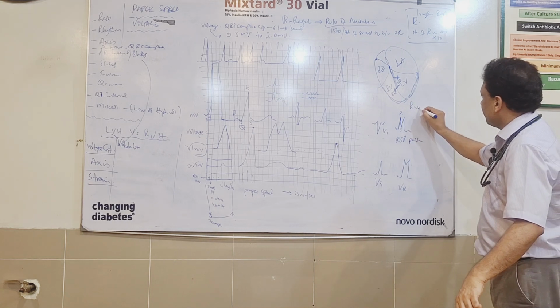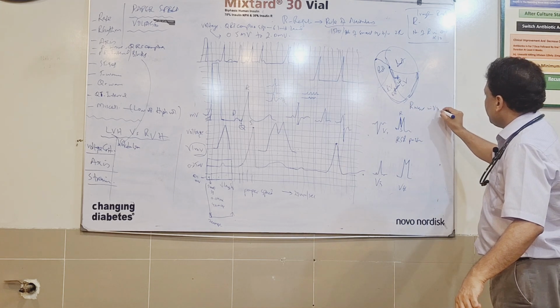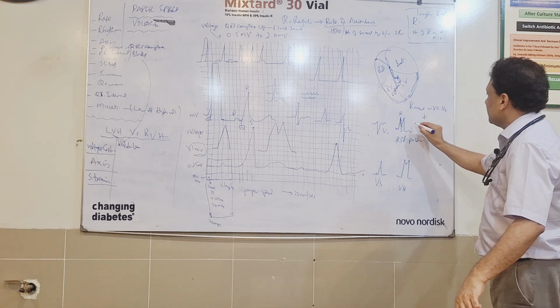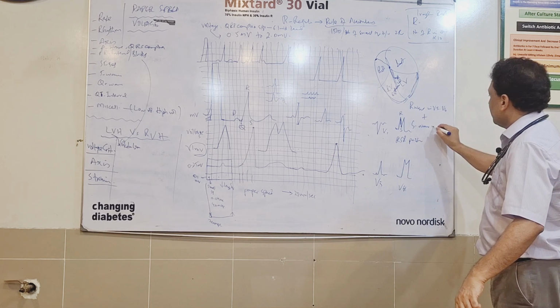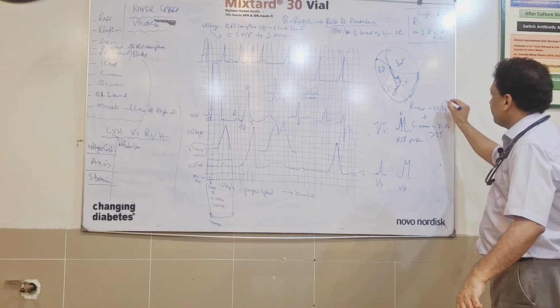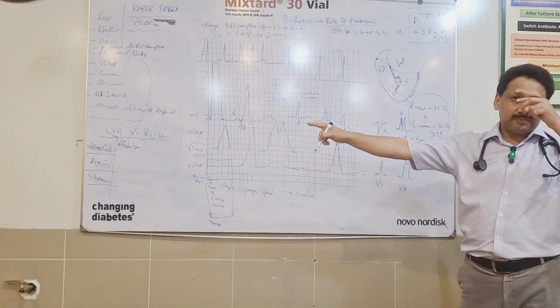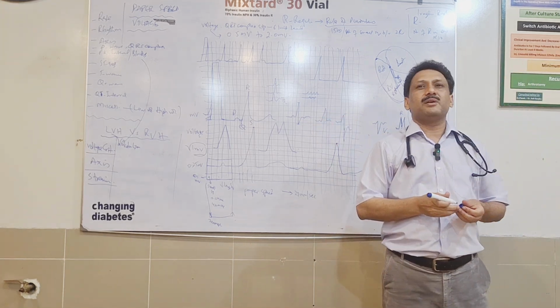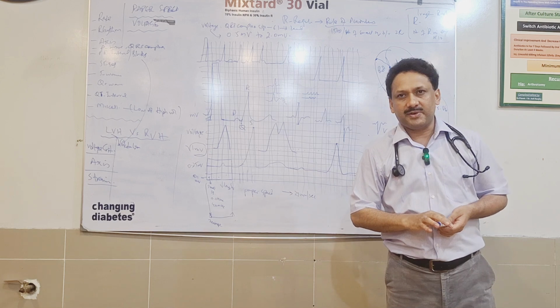So R wave in V5, V6 plus S wave in V1, V2 greater than 35, you label it as the patient having left ventricular hypertrophy.